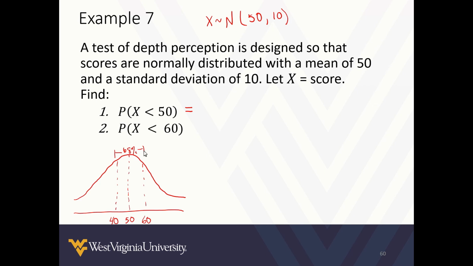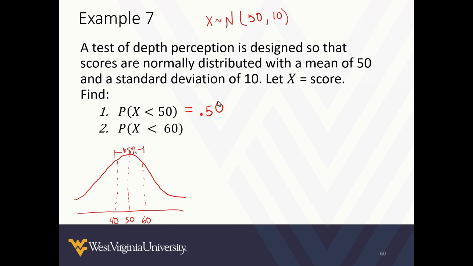But we also know that the mean and the median are equivalent when we are dealing with a unimodal and symmetric curve. So what is the probability that x is less than 50? Well, that's going to be 50%. Our mean is our exact halfway point. That is our 50%.